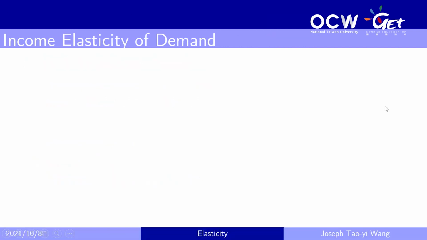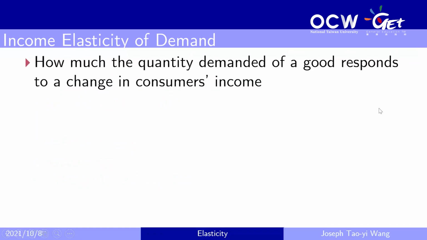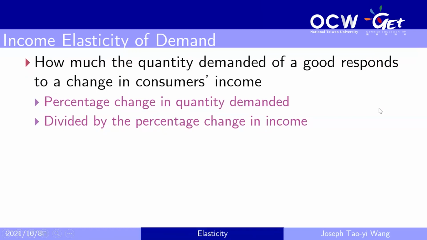Up to here, we went through the price elasticity of demand. A similar concept we can talk about is income elasticity of demand. This is how much quantity demanded responds to a change in consumer income. It's the percentage change in quantity demanded divided by the percentage change in income.